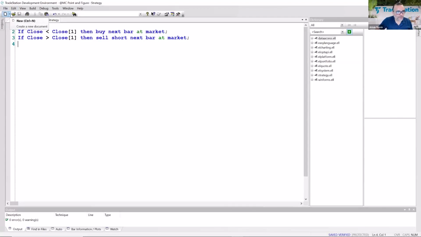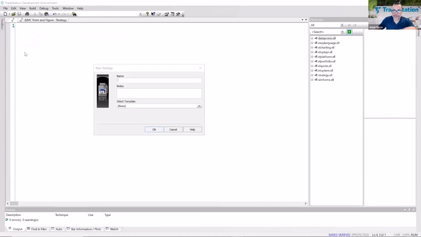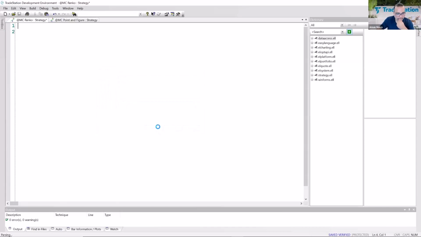I'm going to go here to a new strategy. Similar to the point and figure, these are just going to be simple commands. I'm going to call this @MC, and this is going to be Renko. And my strategy is going to be the conditions to follow.